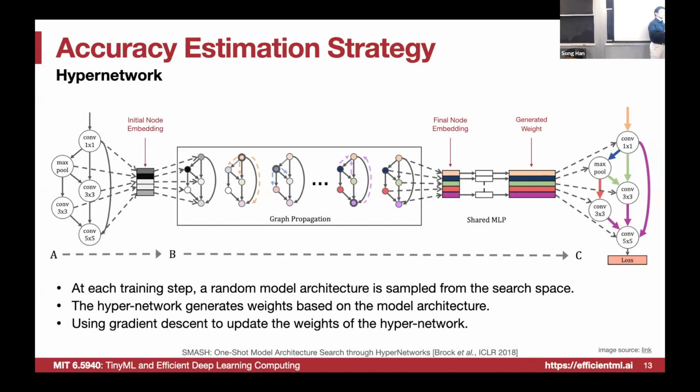So this network is used to predict the weight of our target network. For example, this is yellow, then we associate that with yellow. This is dark blue, then we associate this node with dark blue. This is green, then we associate this node with green.